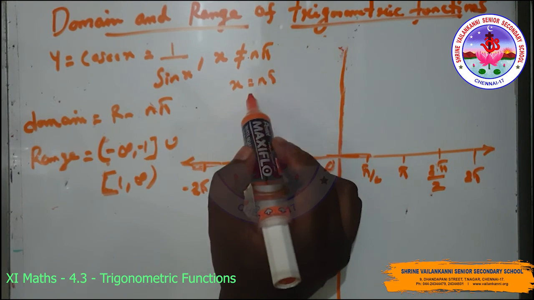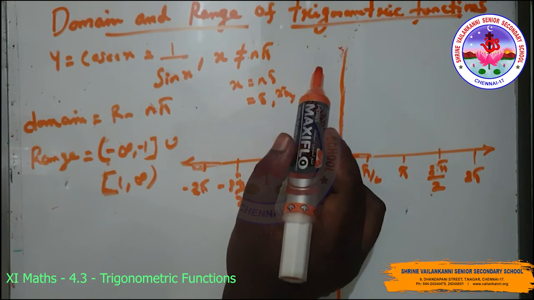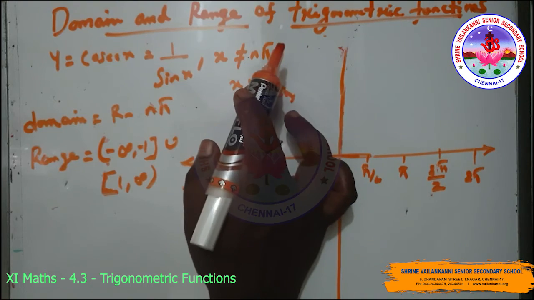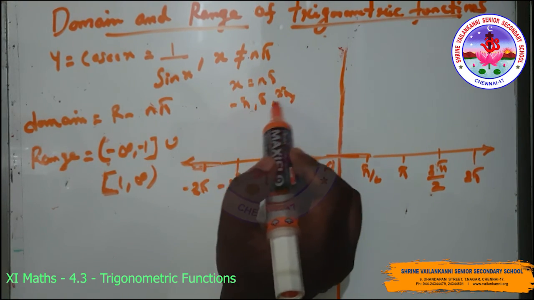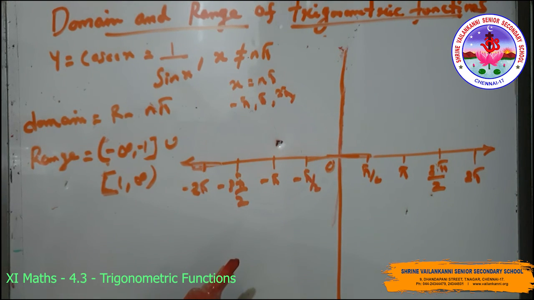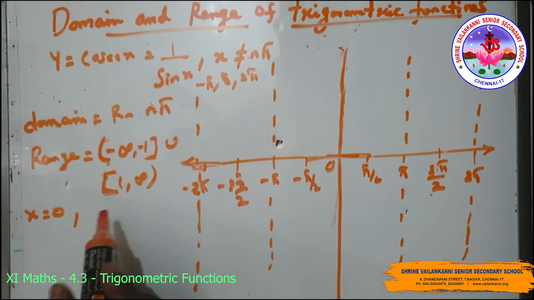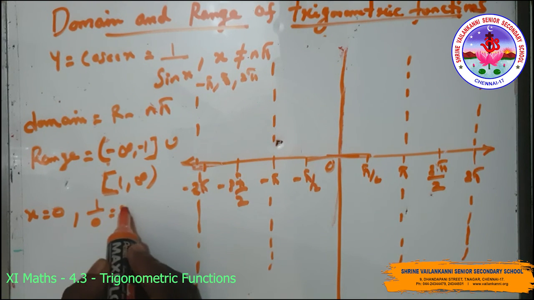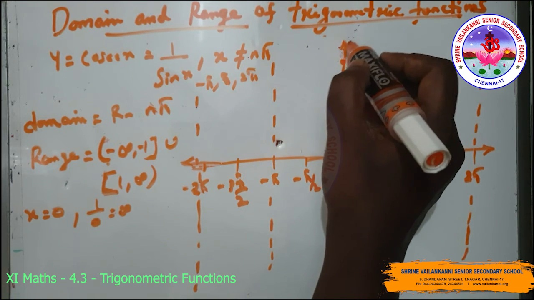If n is 1, then it is pi. If n is 2, it is 2 pi. If n is minus 1, then it is minus pi. These are the values which are not defined in the domain. When x is 0, 1 by sin 0 is 1 by 0, which is infinity. So when x is 0, y is infinity.